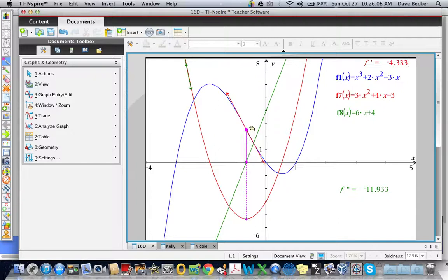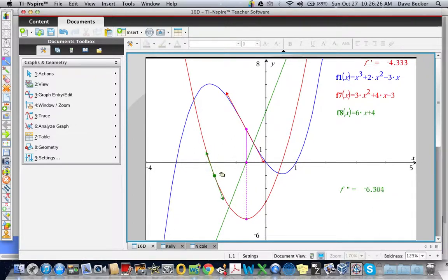Okay? Well, why is that? What is the second derivative? The second derivative is the derivative of the first derivative, right? And that tells me when that function is increasing or decreasing. And if it's decreasing, the second derivative is going to be negative.